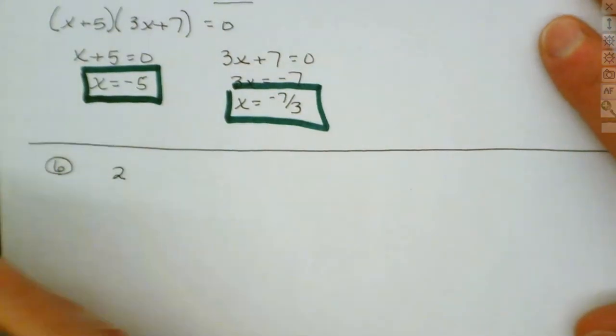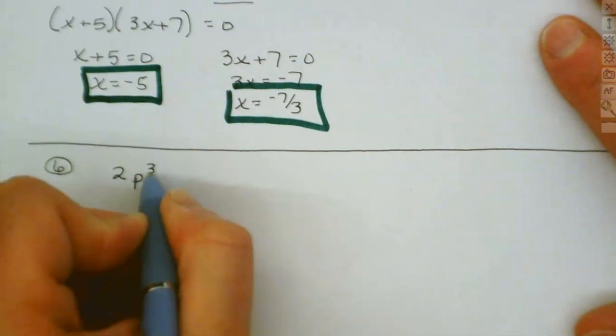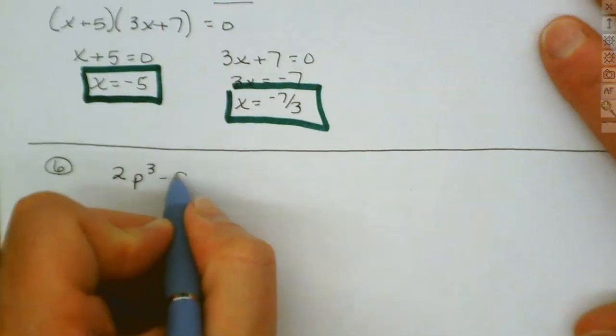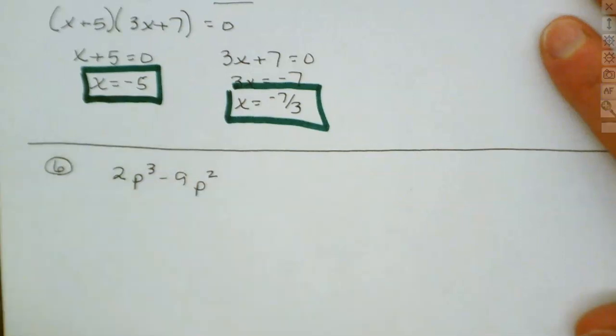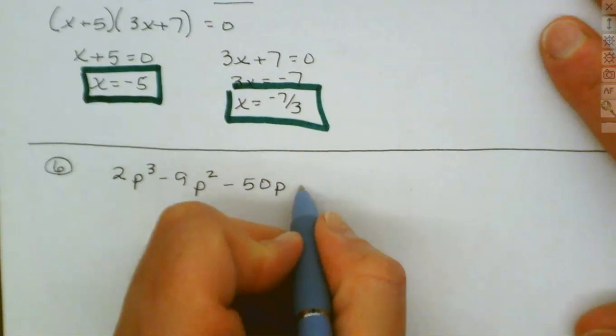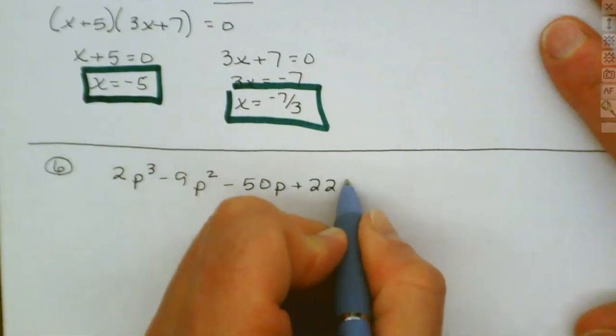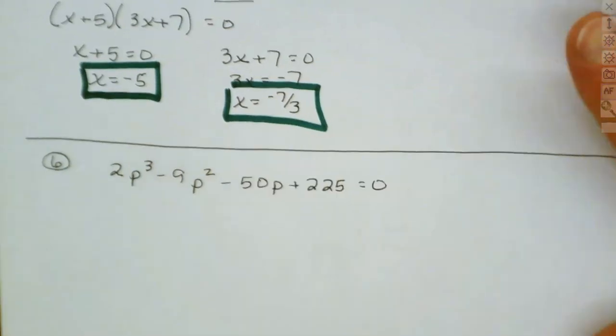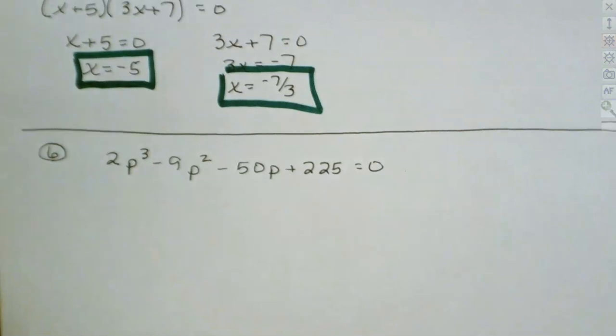We have 2p cubed minus 9p squared minus 50p plus 225 equals 0 here. Okay, let's talk about how many solutions we could have.